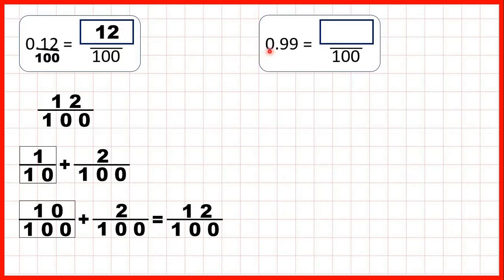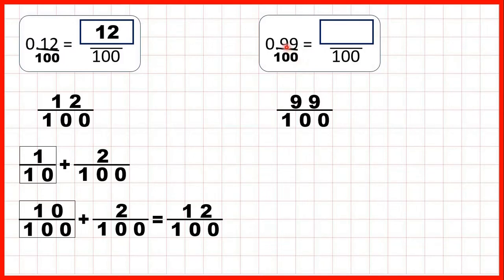Now we have 0.99. That's 99 hundredths because, again, we have a number with 2 decimal places, and we know that the second digit after the decimal point tells us how many hundredths we have. So we can draw a line across from our decimal point and a denominator of 100.